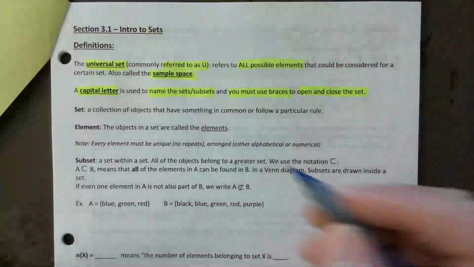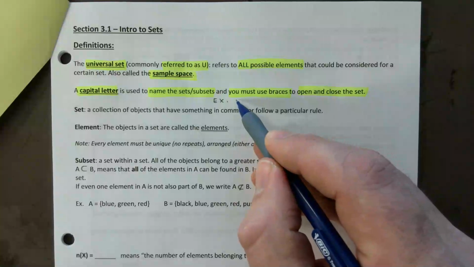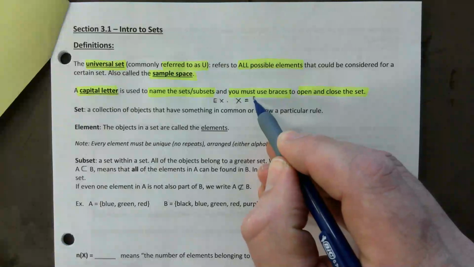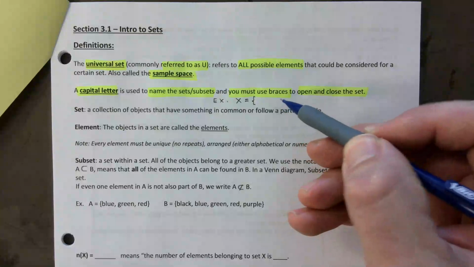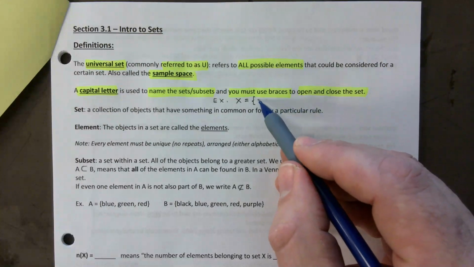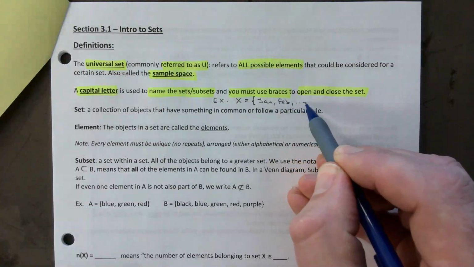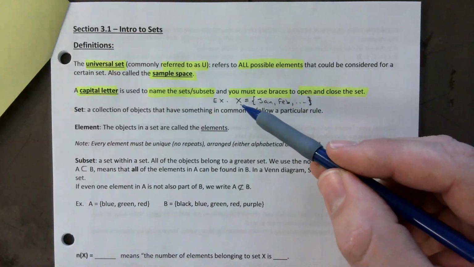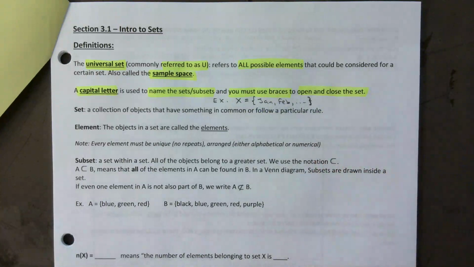For example, if you want to have a set X and fill this in with elements of your choice, it could be the months of the year, so January, February, and so on, and then we close it. So you have to have a capital letter, an equal sign, and then squiggly brackets on either end if you want to write a set out like that.